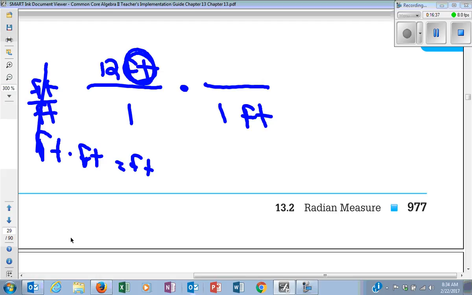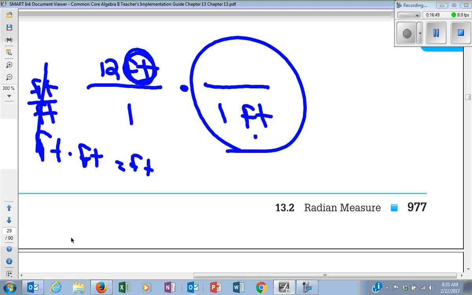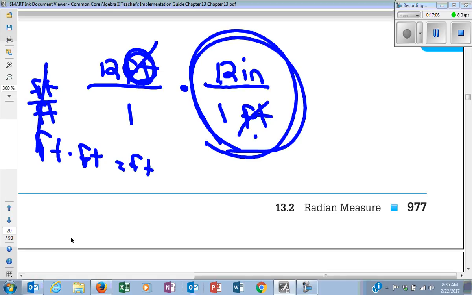Right. But now hopefully you're going to understand why this works. Is because the feet literally cancel out with the feet. It's going to be a funky looking 1, but how can I really represent it as 1? Is if I say 12 inches up here. Because 12 inches is the same thing as 1 foot. So really, what is this number right here? It's the number 1, but it allows my feeties to cancel out and change it to inches.